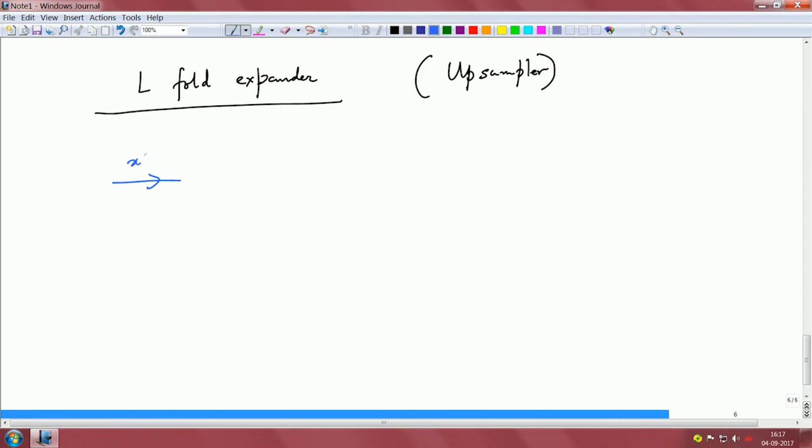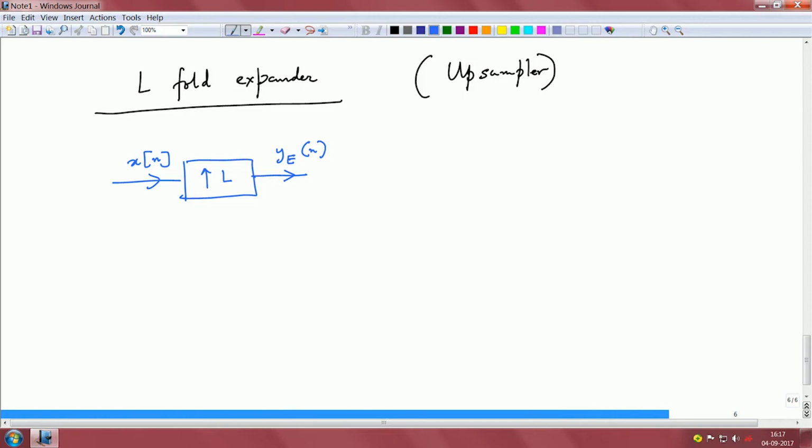So, we have x of n as our input, we want to upsample this by a factor of L, and let us say we get this signal y_e of n, e standing for the expander.